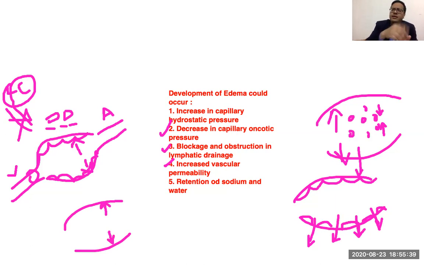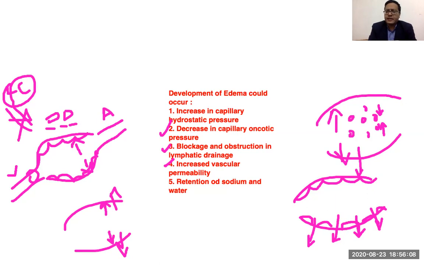That means conditions like congestive heart failure, where the venous drainage is impaired because the heart is dysfunctional and cannot receive blood from the venous circulation. In that condition, the pressure in the microcirculation would increase, the hydrostatic pressure, the hydraulic force, and when this hemodynamic force increases, it would cause the fluid to come out of the capillary, outside of the circulation. That is called increase in capillary hydrostatic pressure.